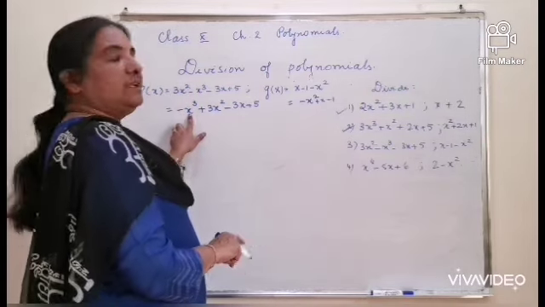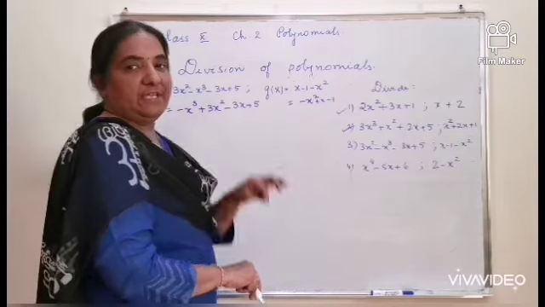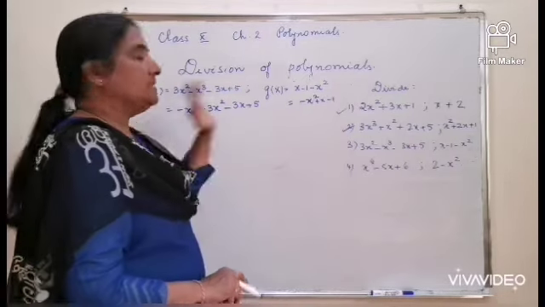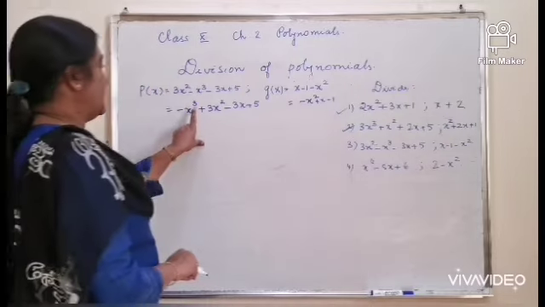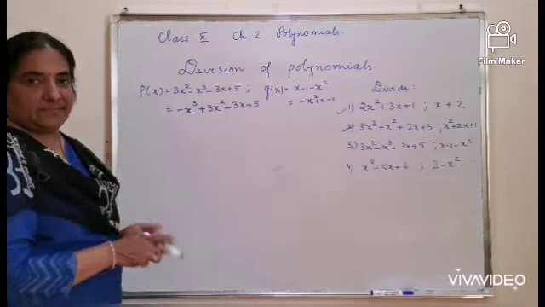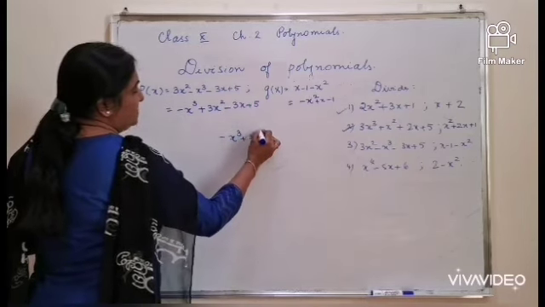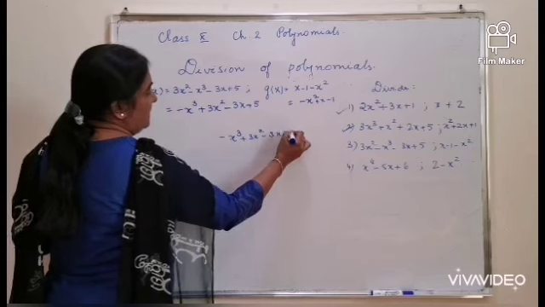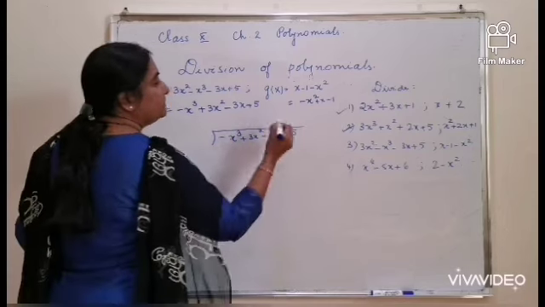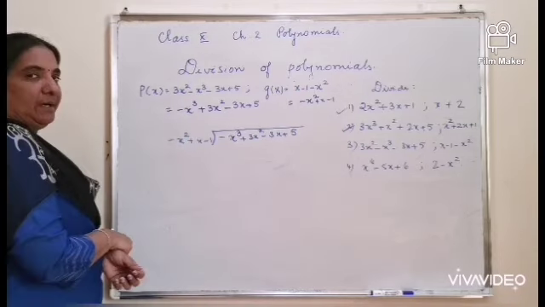Checking the dividend to see whether all the powers of the variable are present. Here you can see the powers 3, 2, 1 and constant. Minus x cube plus 3x square minus 3x plus 5, divided by minus x square plus x minus 1.